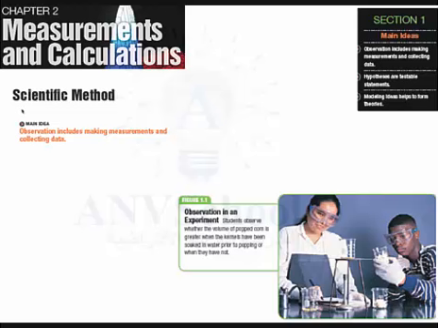In this session we will be looking at the scientific method. In this chapter we will be dealing with many things. In the first section of chapter 2, which is measurements and calculations, we will be looking at the main ideas, which include observations, which includes making measurements and collecting data.